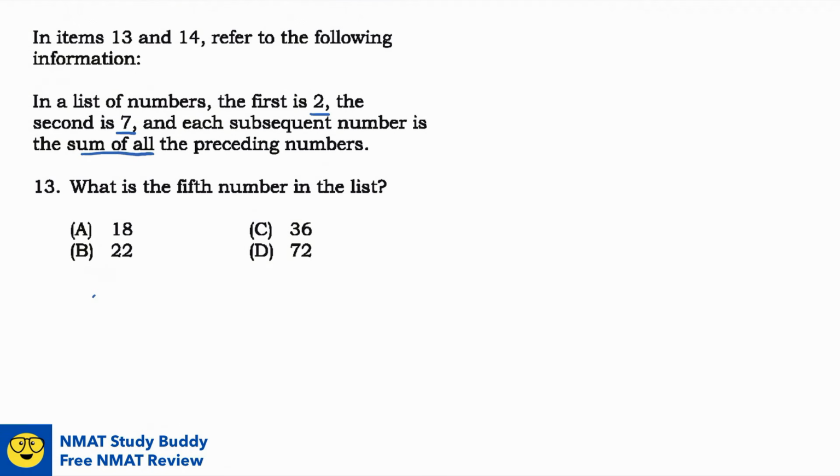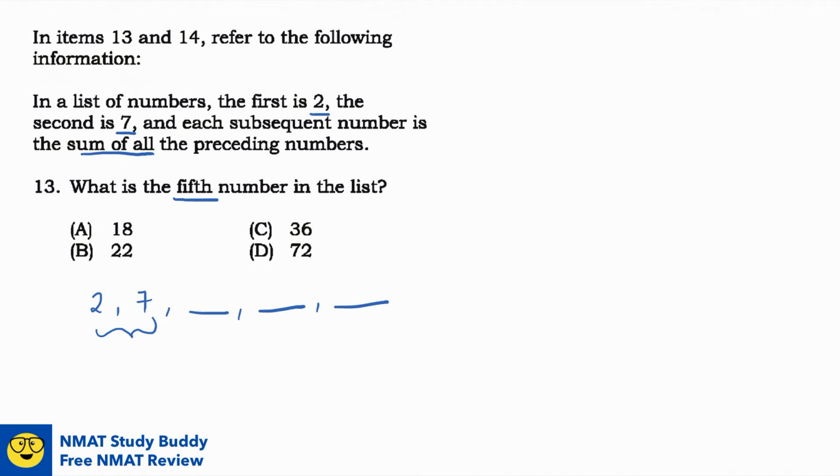So, mag-list down muna tayo. Meron daw first number na 2, yung next number is 7. Pinapahanap sa number 13 is fifth number. So, meron tayong third, fourth, and then fifth. Tapos sabi, yung mga sumunod daw na numbers are the sum of the subsequent o yung mga naunang numbers.